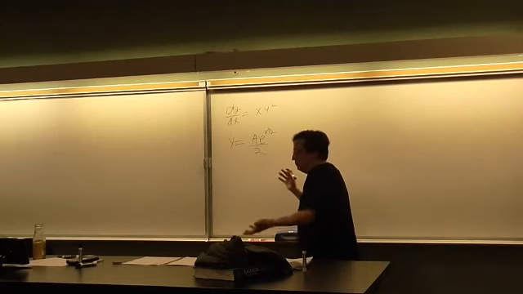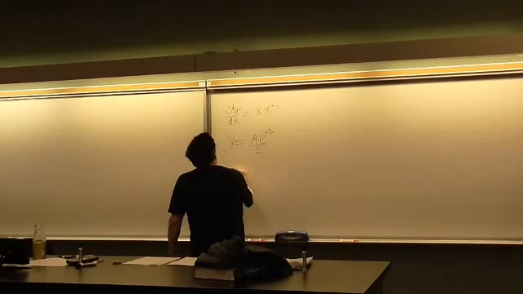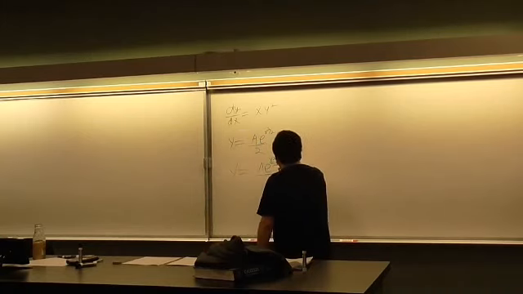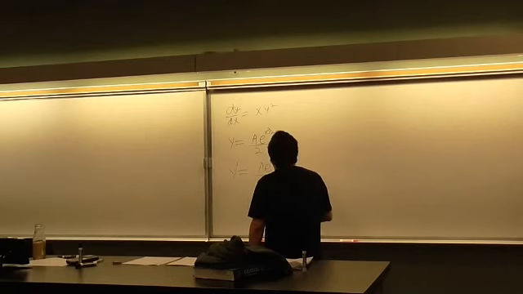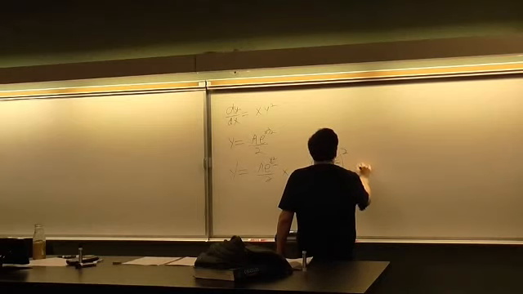Okay, let's see what we get. So y prime equals a e to the x squared over 2 times the derivative of x squared over 2, which is just x, right? We want to see if that's equal to y squared, a e to the x squared over 2, squared, times x.